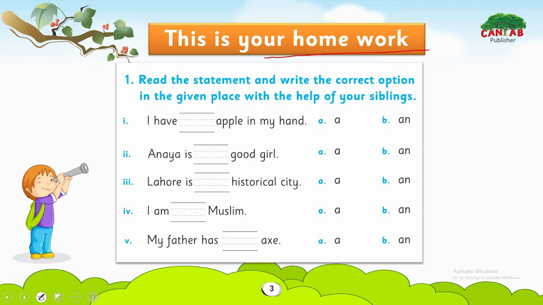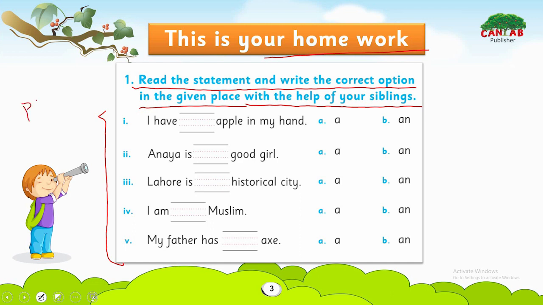This is your homework: read the statement and write the correct option in the given place with the help of your siblings. You can figure out all these statements with the help of your parents and your siblings.